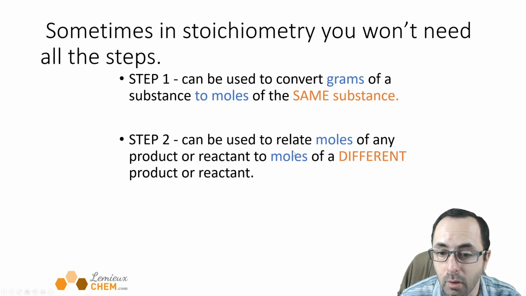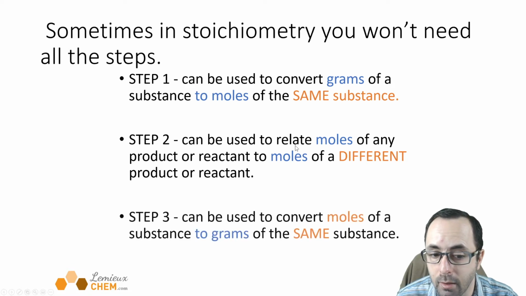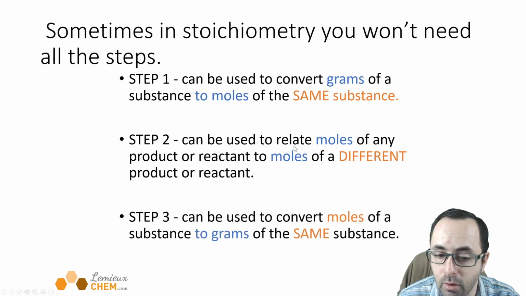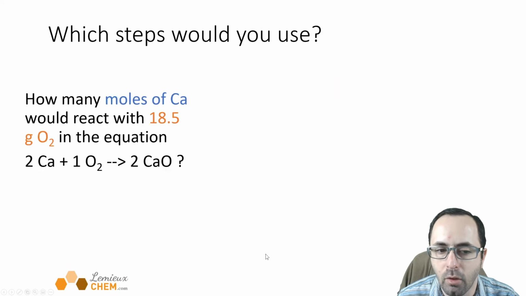Step 2 is used to relate moles of one product or reactant to moles of a different product or reactant. Finally, step 3 is used to convert moles of your substance to grams of the same substance. So if you're already given moles to begin with, you don't need the first step. Or if you're asked for moles at the end, you don't need the third step. So read the question carefully and decide which steps you need to use.